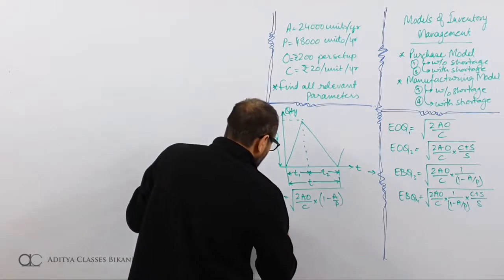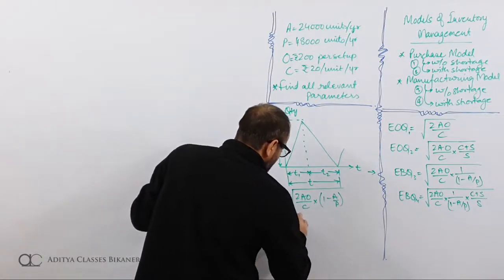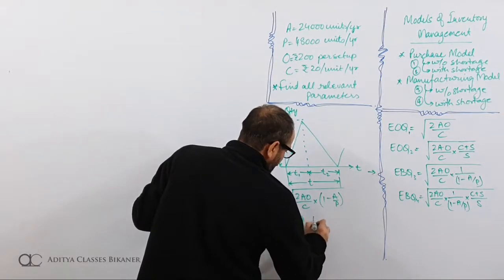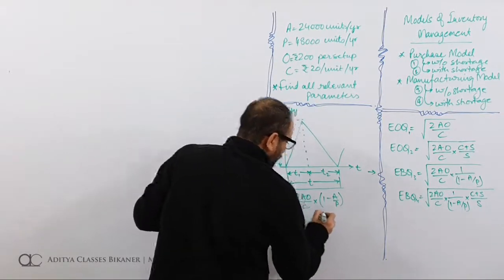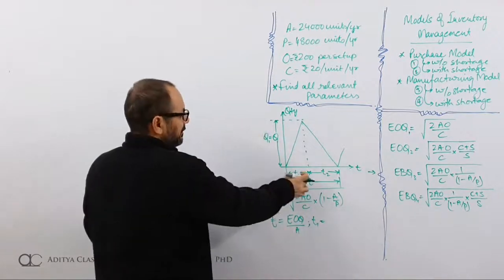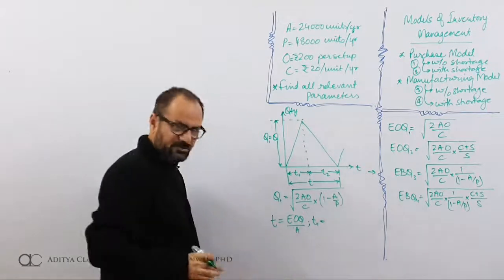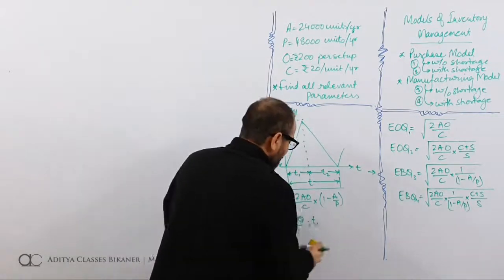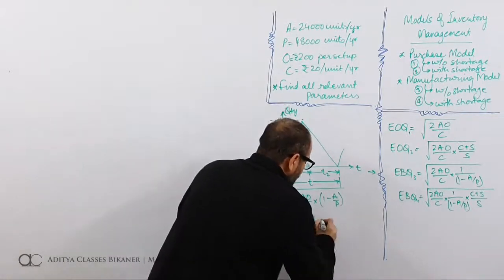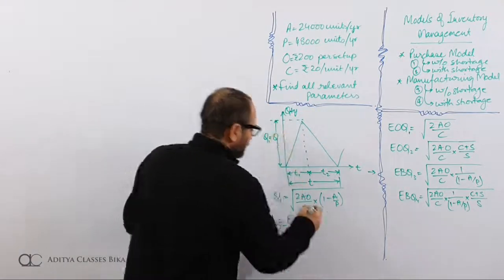What about T? T forever is EOQ upon A. T1: the quantity in time T1, the quantity under question, is Q1.